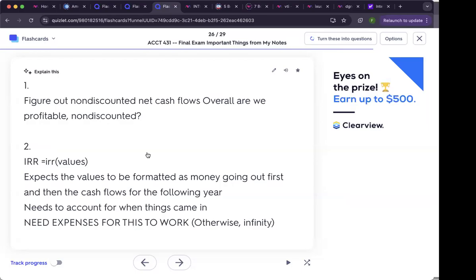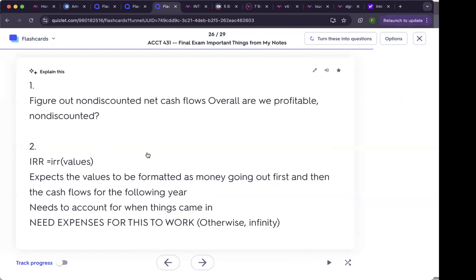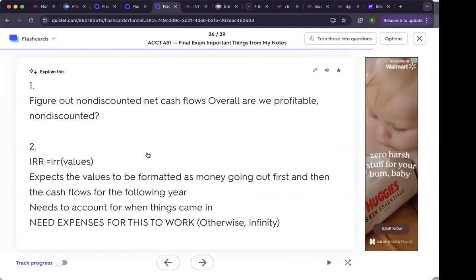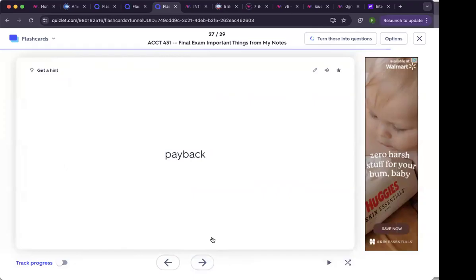You need all of this formatted as a column, with expenses at the start. If you don't have any expenses selected in there at all, you're just gonna get a number error, which means the answer went to infinity. So that happened to me in class, so definitely want to note that.